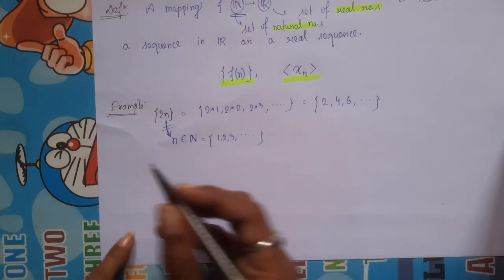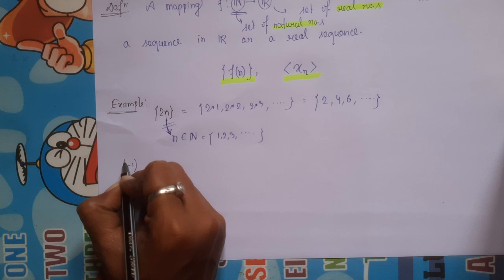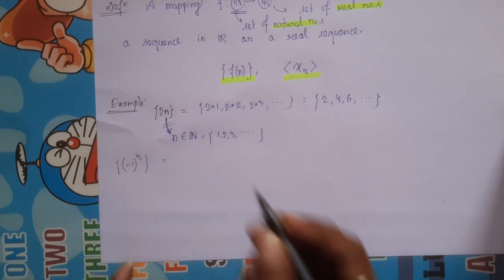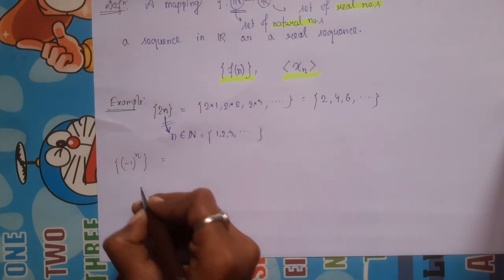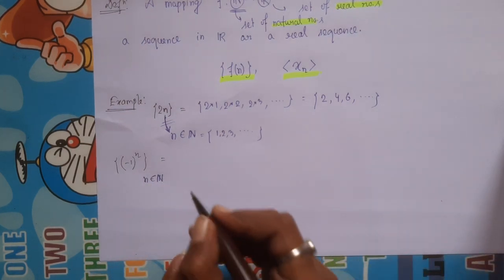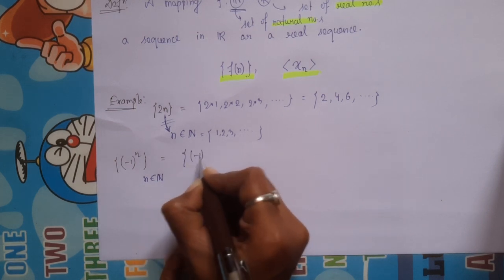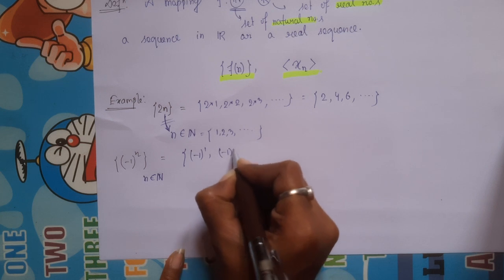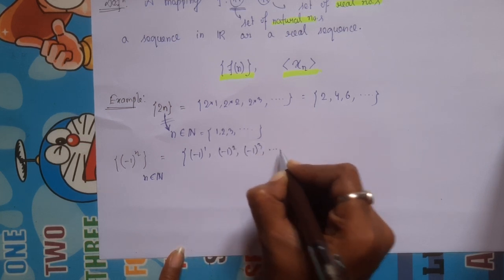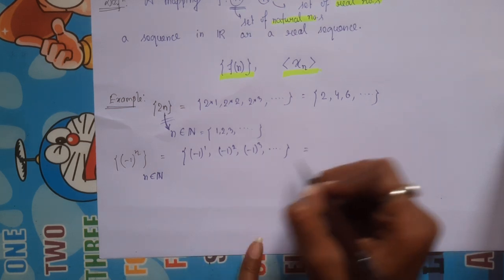Now let us take another example, which is (-1)^n. And what is n here? n belongs to capital N, that is the set of natural numbers. Just plug in the values of n. So (-1)^1, (-1)^2, (-1)^3, and so on. What does it give us?